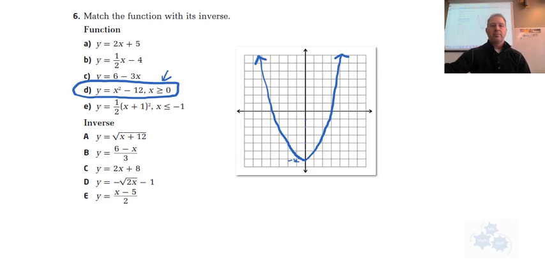How do we know that? Horizontal line test. Thank you. So if we take any horizontal line and it crosses the graph twice, we know that the inverse graph is going to cross the vertical line twice. No good. So the horizontal line test says that the inverse is not a function.